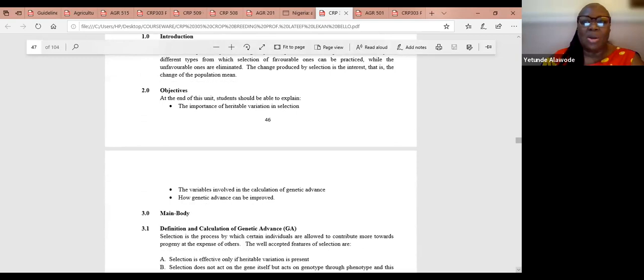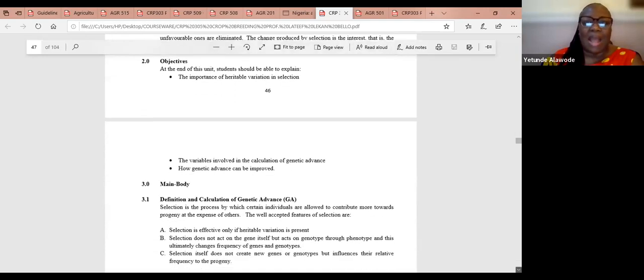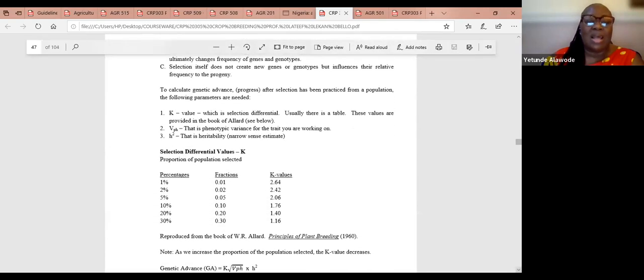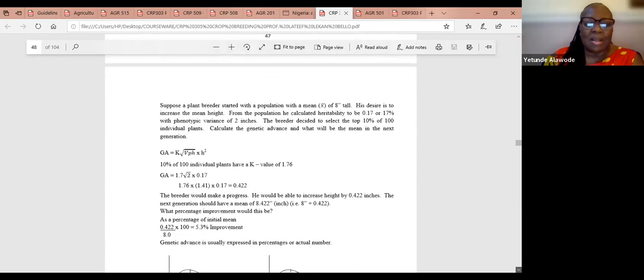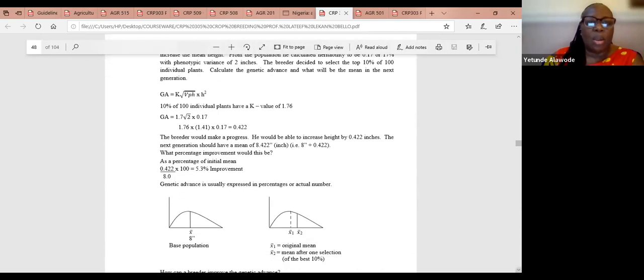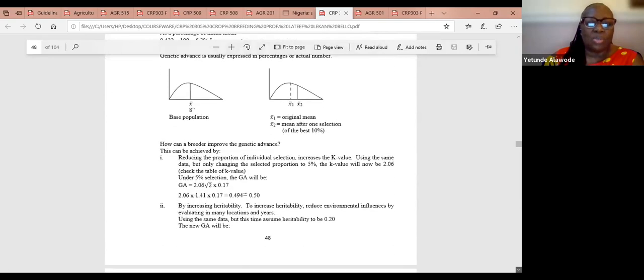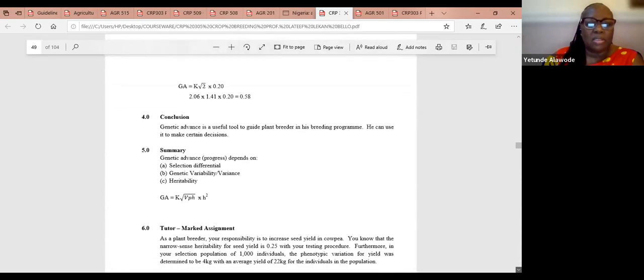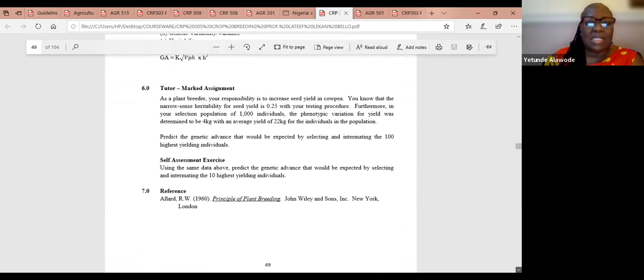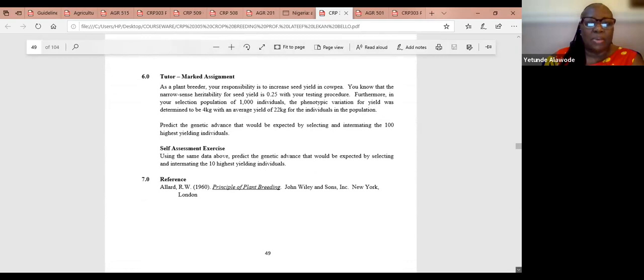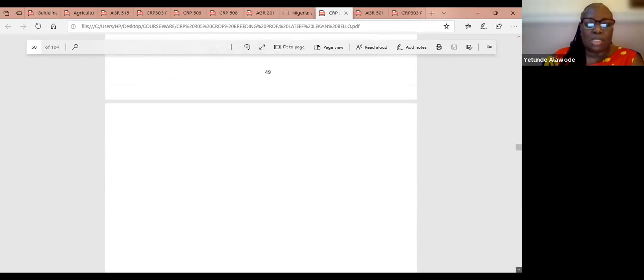It's not likely you see everything inside one question, but I know that you must come across calculation, and it's not beyond what we have done in class. So you should know how to calculate genetic advance, especially from your heritability value. So just work around it.